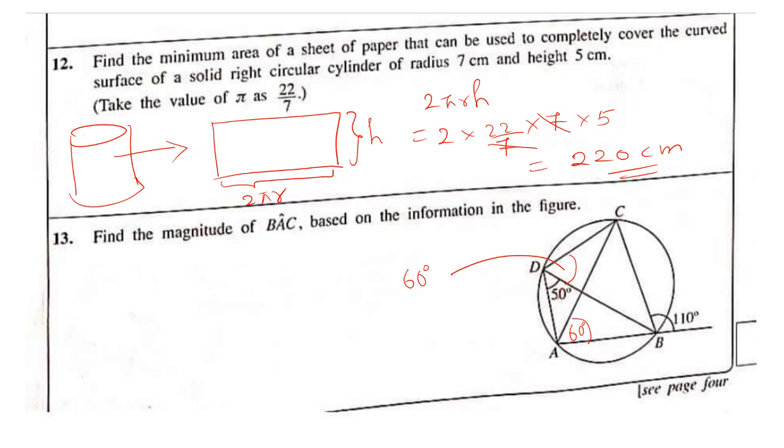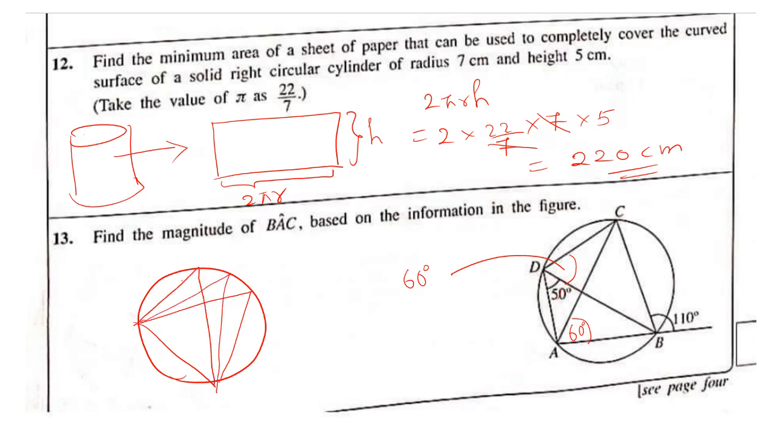The angles in the same segment are equal. It is something like this. If you mark it this way, all three angles are going to be equal, and if you draw this way, this is also the same angle, right? So we use this theorem for this.